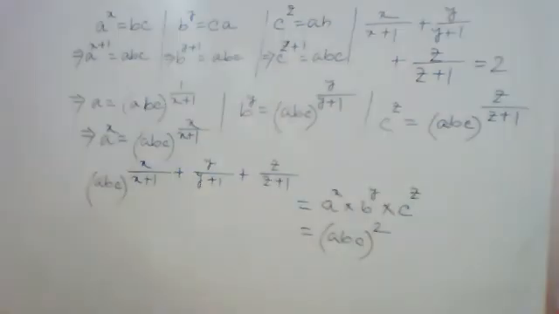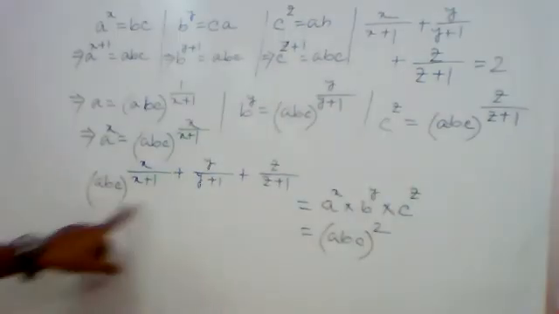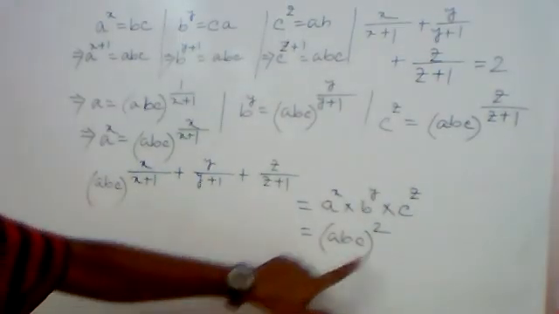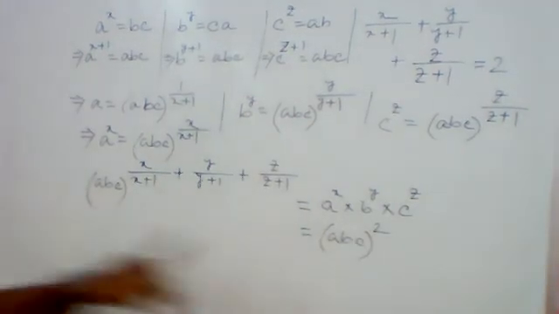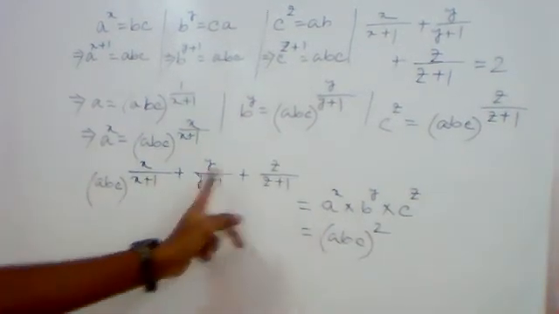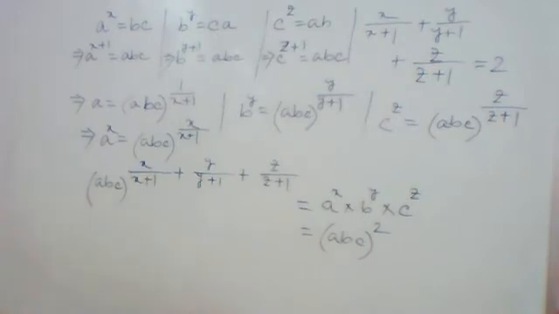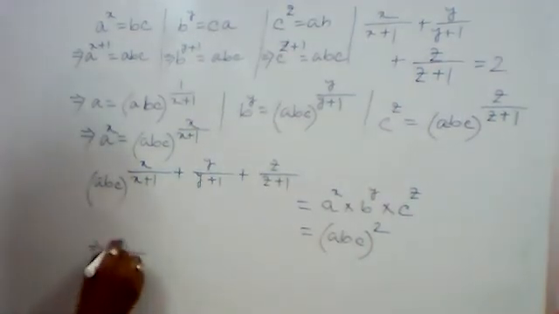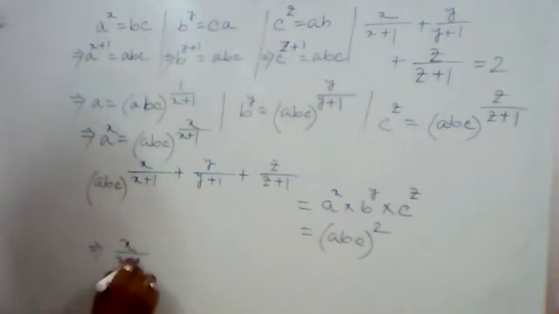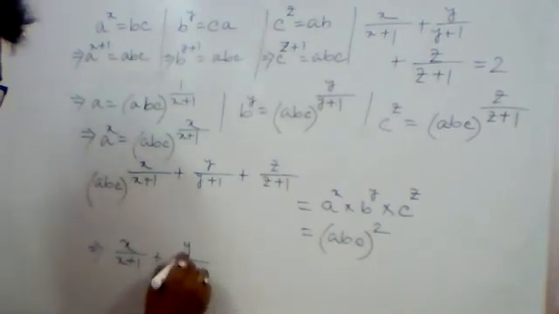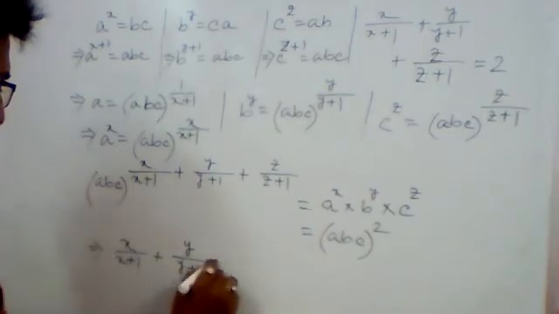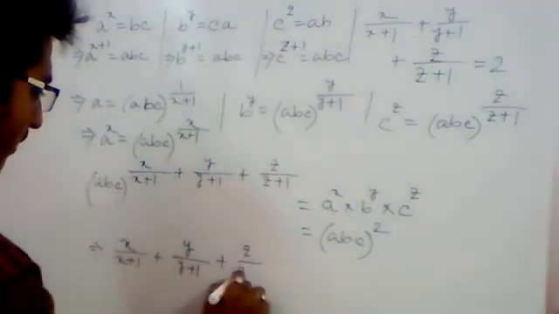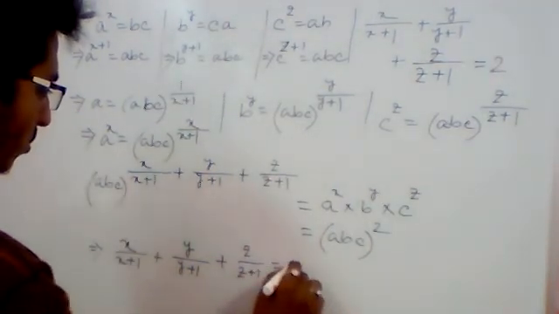So what we ultimately have is that abc whole to the power this is equal to (abc) whole square. As the bases are equal, the powers are also equal. So from here we can write x by x plus 1 plus y by y plus 1 plus z by z plus 1 is equal to 2.